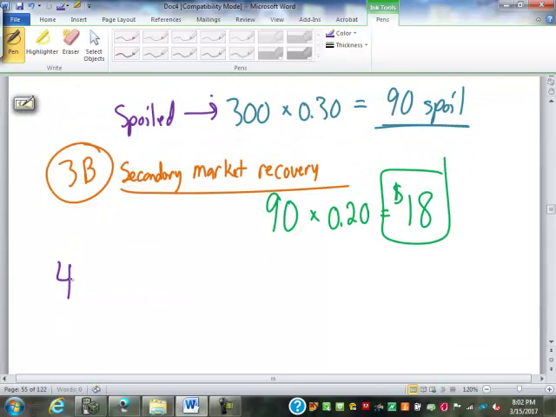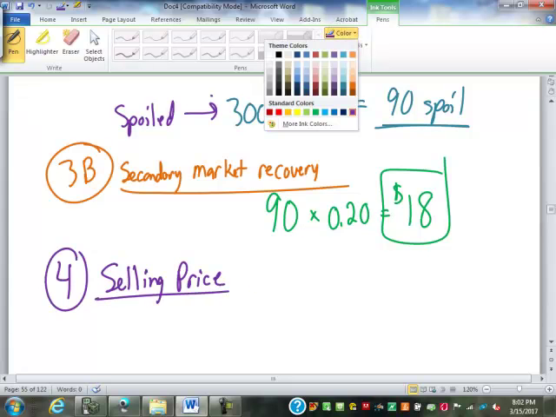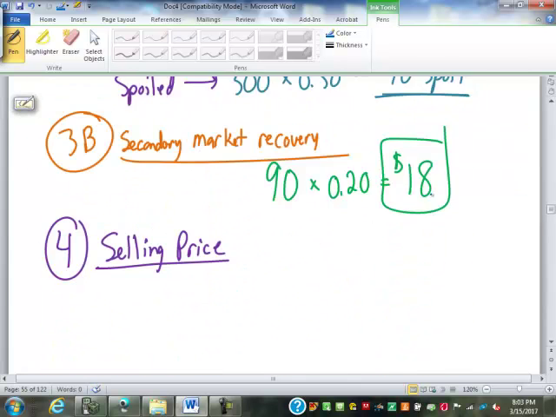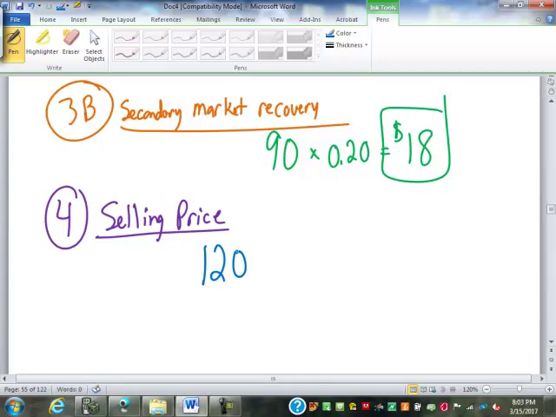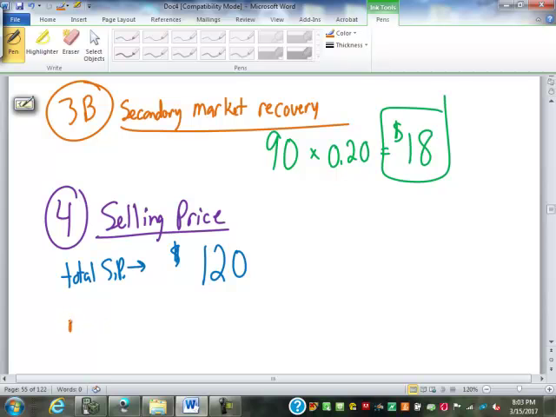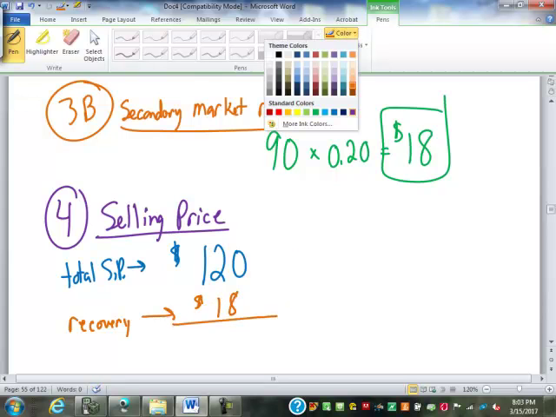So now step 4 is to determine your selling price. But before you get too carried away, we need a total selling price of 120 up here. But we are anticipating a recovery of $18.